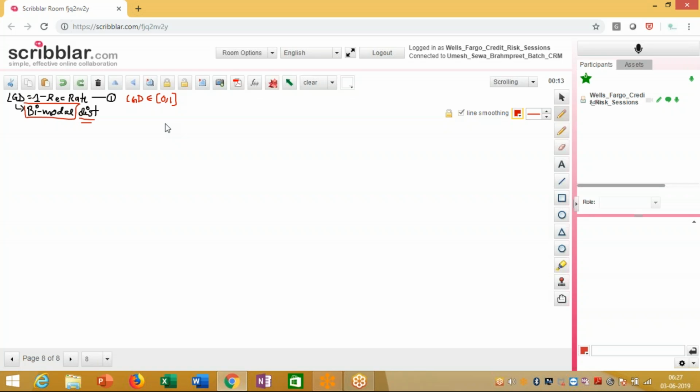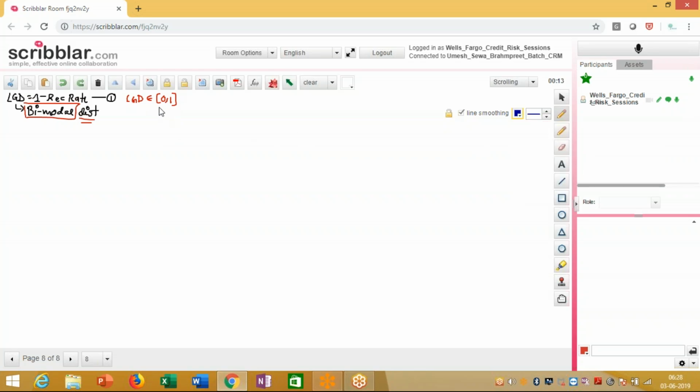Now, because I have defined LGD as a fractional value, the question is: if I need to plot the distribution of this variable, how would it look?